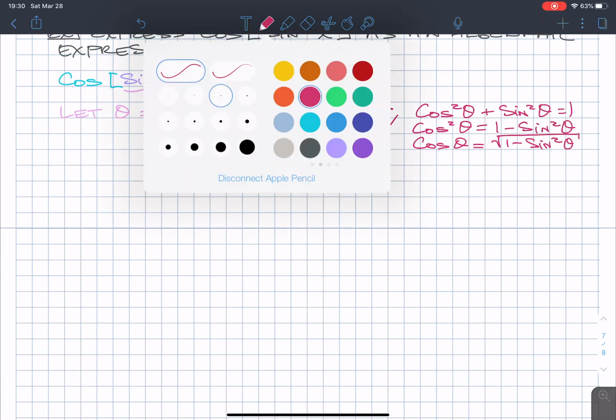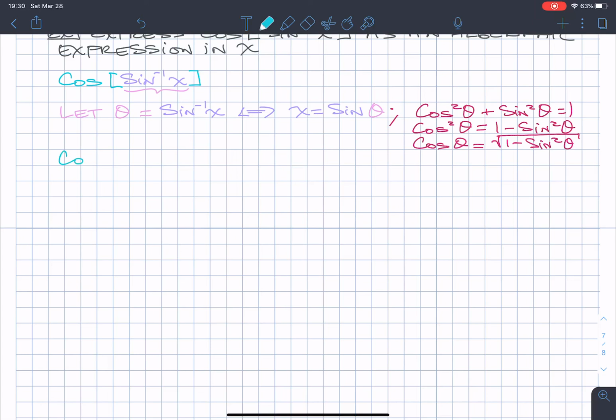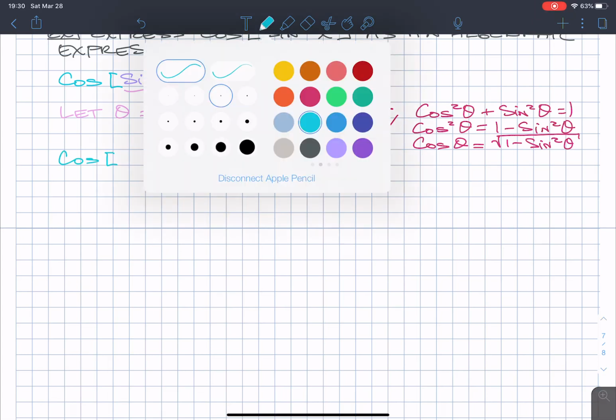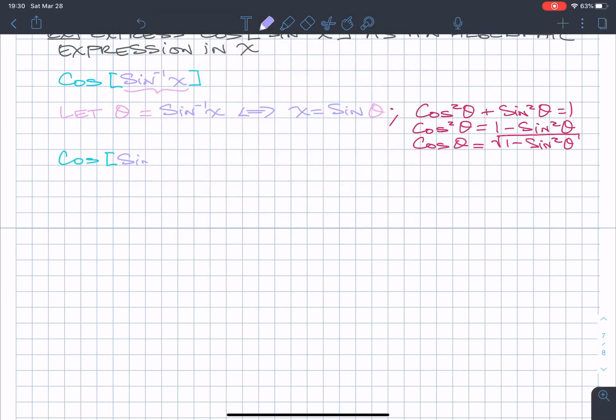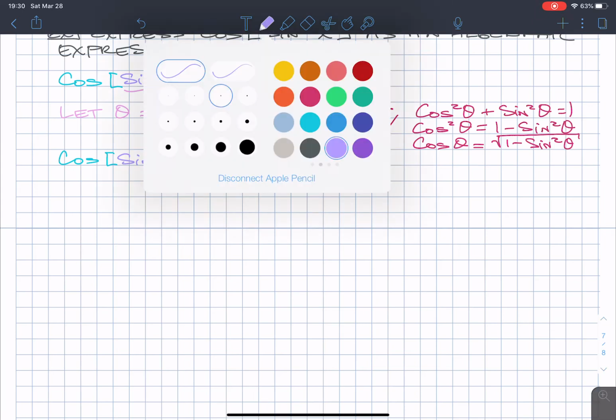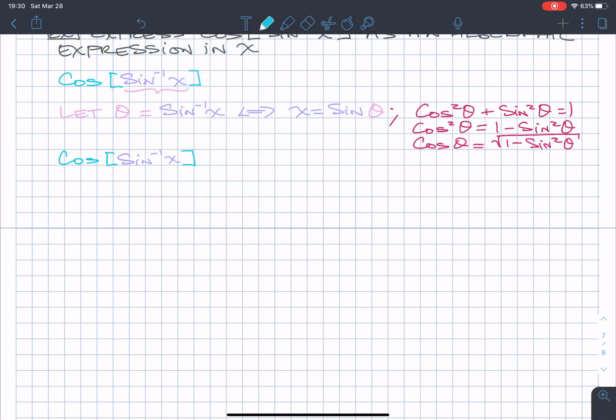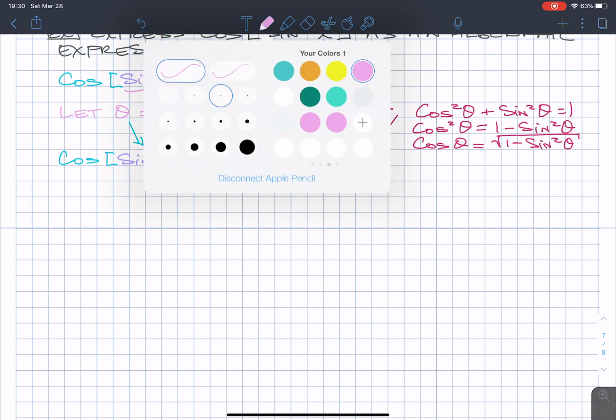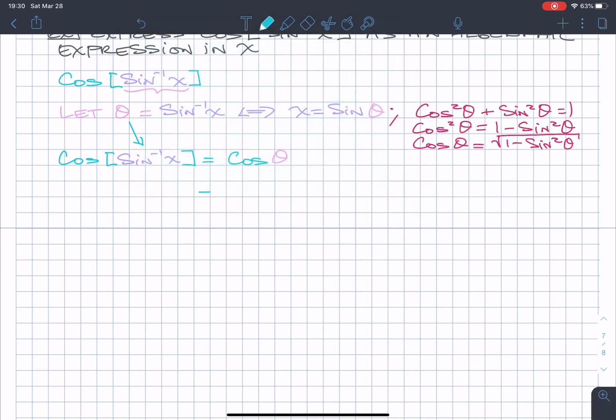Okay, so let's go back to the top. I have cosine of inverse sine of x, but inverse sine of x I called theta. So this is really cosine of theta. Well, cosine of theta is the square root of 1 minus sine squared of theta.